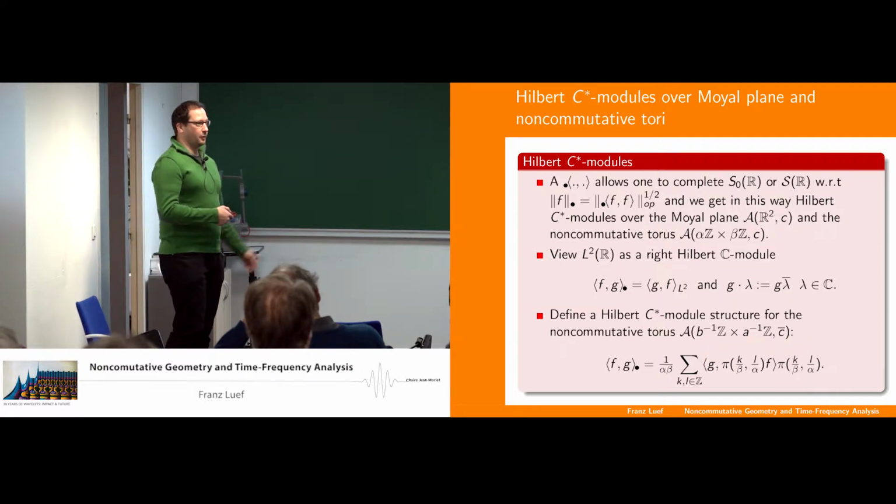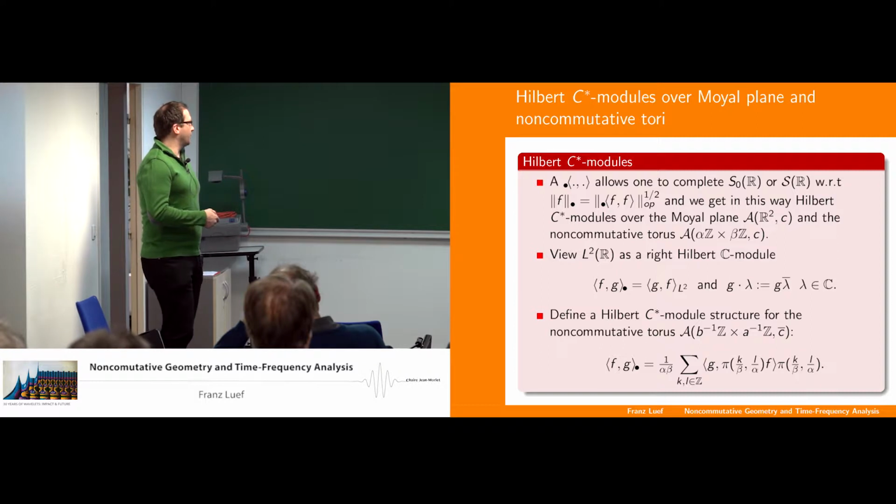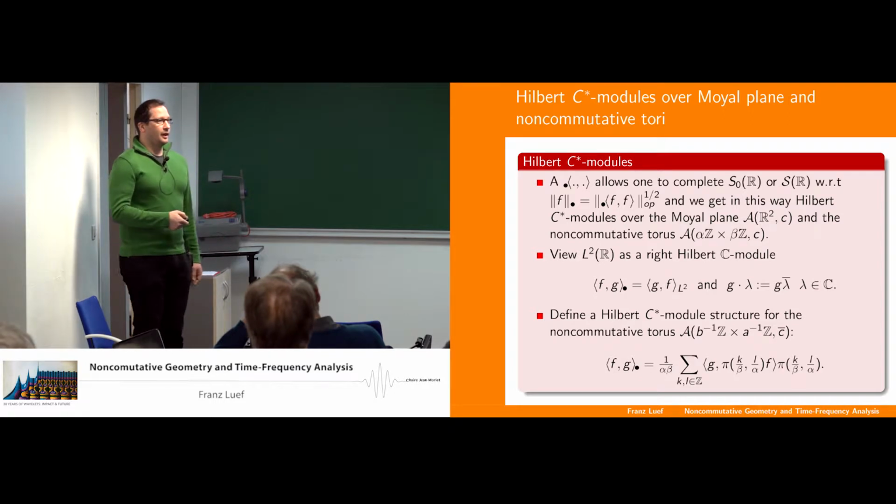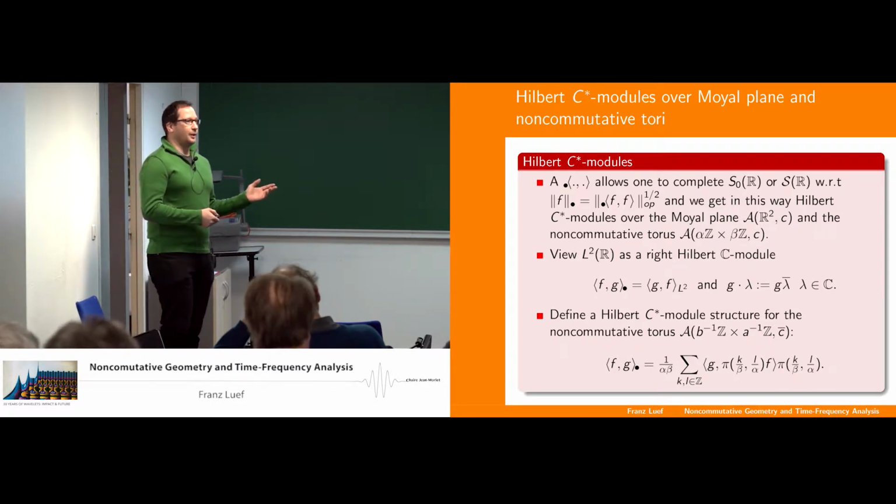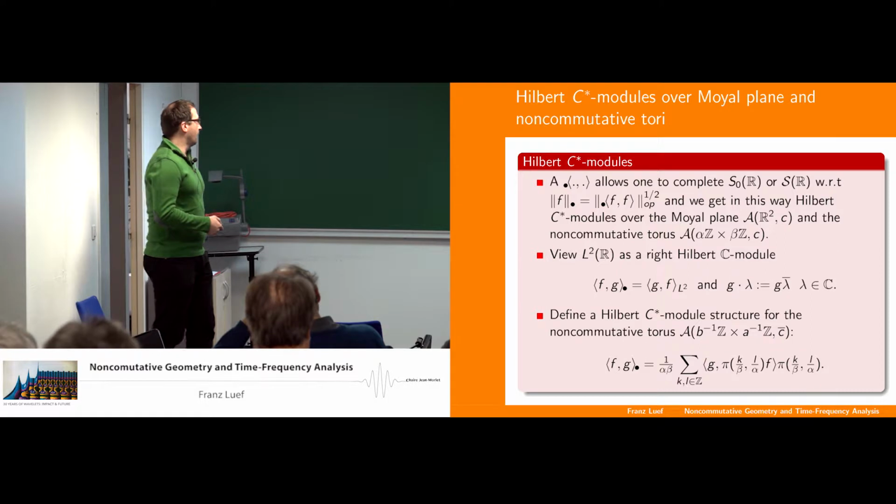And if you complete your space with respect to this norm, then you get a Hilbert C*-module. And so what we just showed is that S0 or the Schwartz space are Hilbert C*-modules over the Moyal plane and the noncommutative torus.